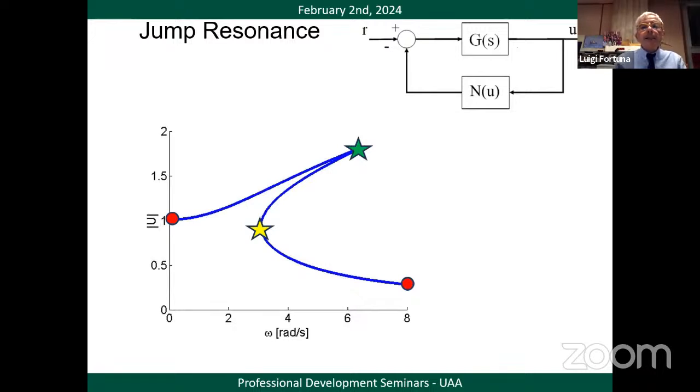But this is generated by a classical feedback of a linear system, a classical second order linear system, with a feedback with a nonlinearity, a cubic nonlinearity. This leads to this type of response of the system.